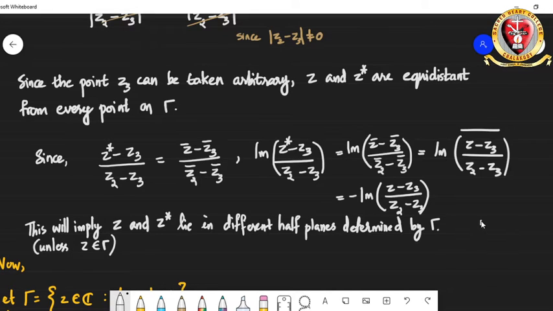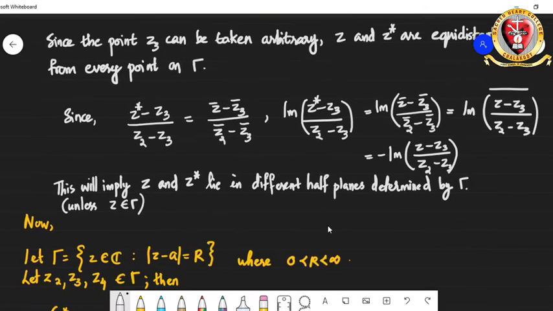Different half planes in the sense that, suppose the circle is something like this. So this is one half plane, this is another half plane, right? So z and z star will be lying in different ones. If z star is here, z will be there. Please make sure that you get the logic behind this equation.